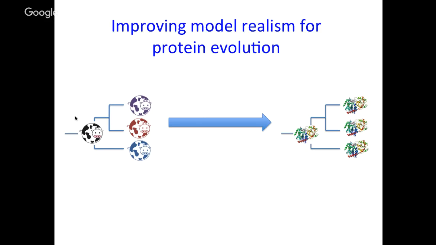And this is the model that we've been working with for many years. But maybe what we should be doing is, in fact, trying to improve this model and actually get a more realistic model that actually looks at how proteins truly evolve.